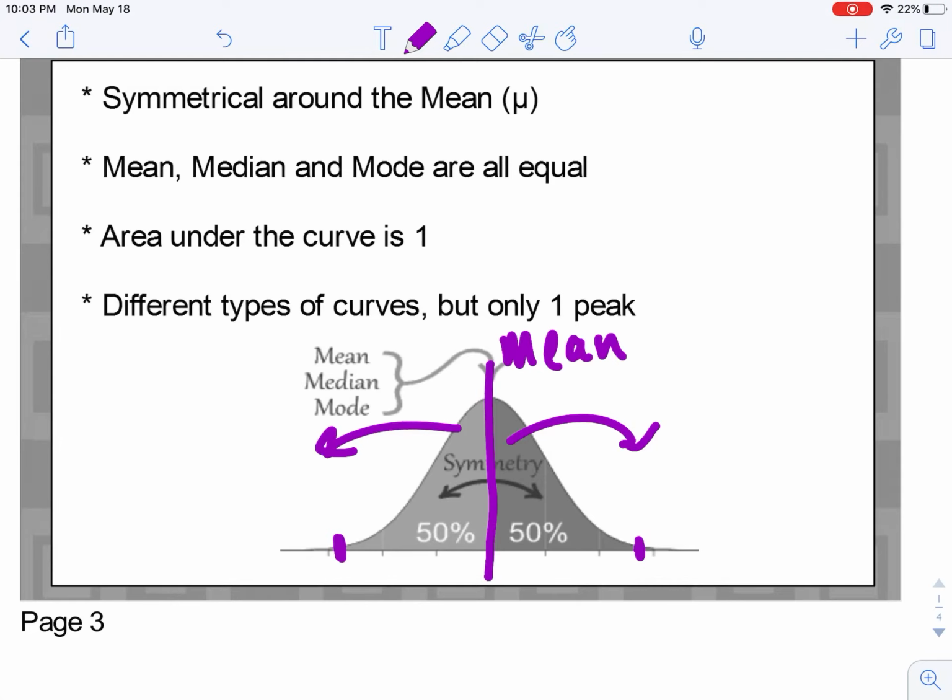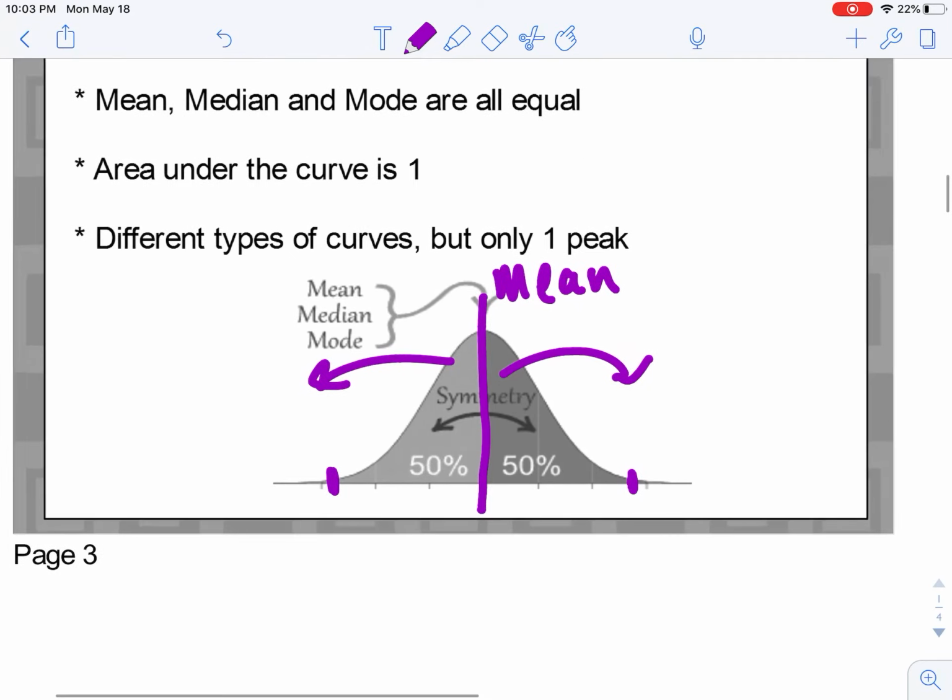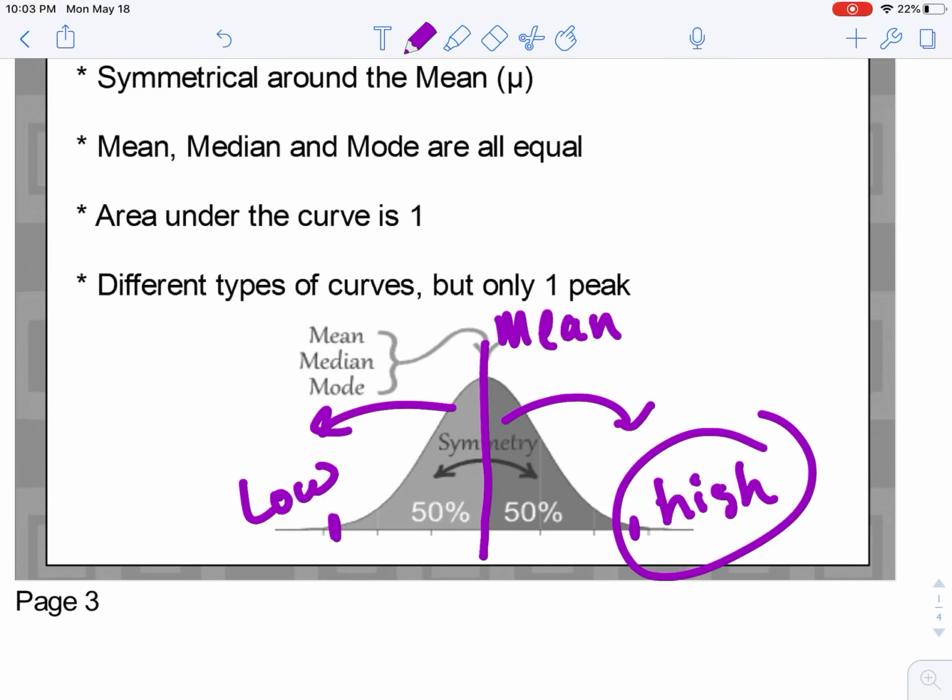If you're talking about shoe size, I don't know if that really fits in a normal graph, but if it did, this would be the absolute highest shoe size over here, and this would be the absolute low. The same number of people that have the highest are the same number of people that have the lowest. So the idea is most people are right here in the middle.